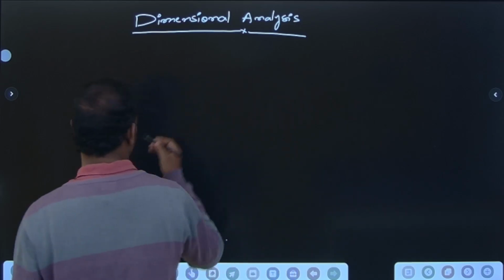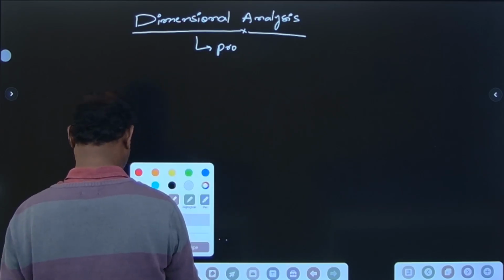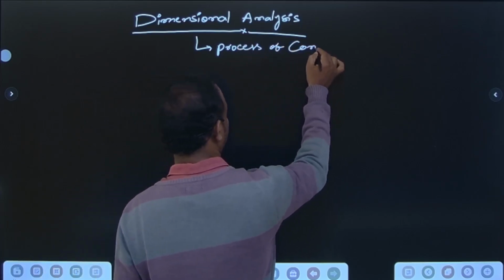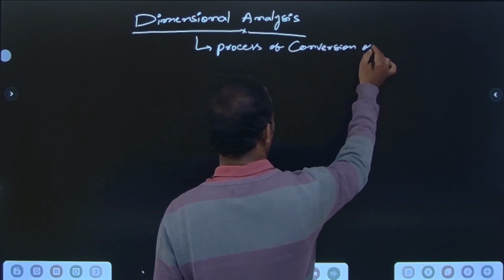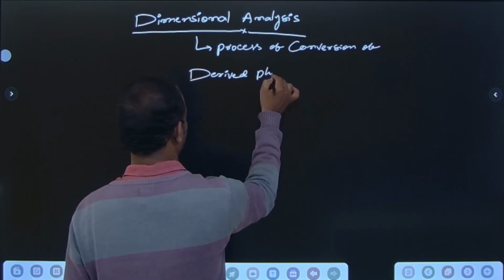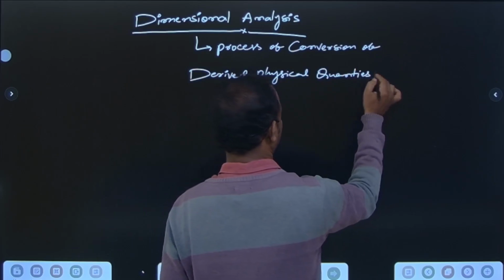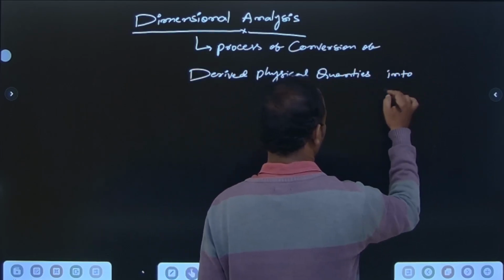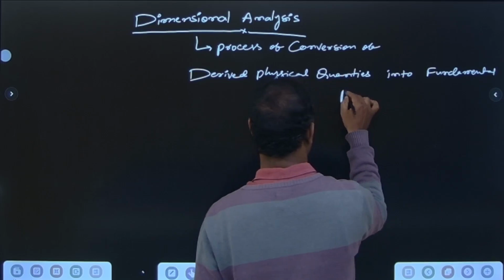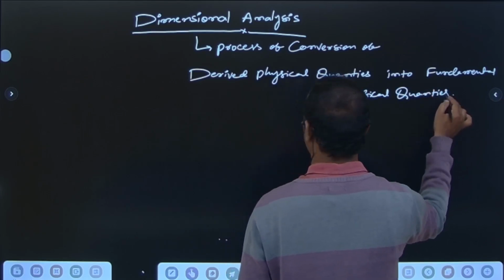Dimensional analysis is a process of conversion of derived physical quantities into fundamental physical quantities.